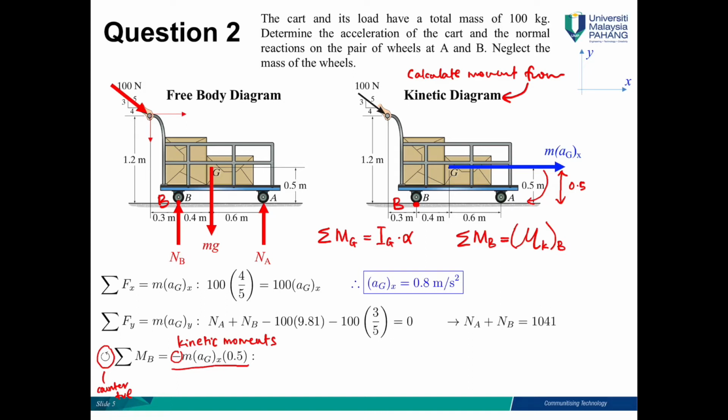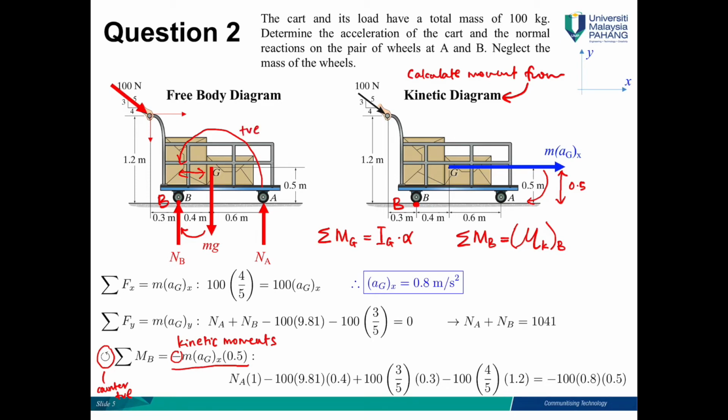M_B is as usual, so you will have the weight. The weight is going this way, and this is the horizontal distance, 0.4. You get the moment of the weight. Let's look at N_A first. N_A is going to point B like this in the counterclockwise direction, so this will be positive. The distance from N_A to N_B is 0.4 plus 0.6, so you have 1 here. So 1 times N_A.